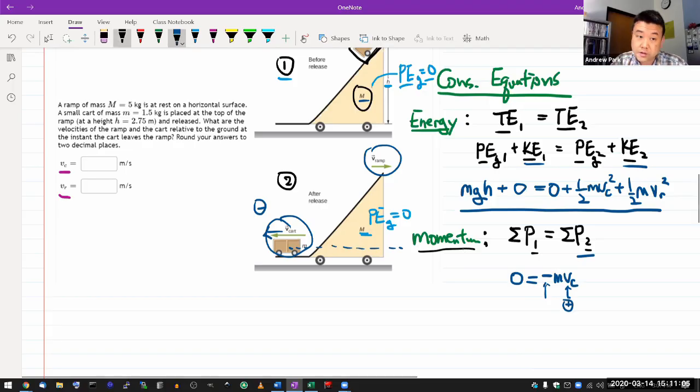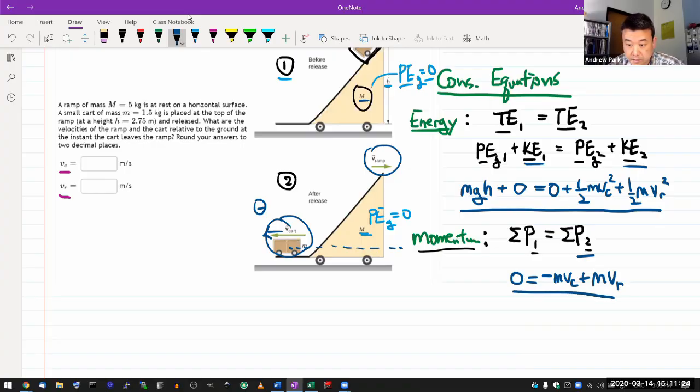You don't have to do it that way, but this is how I like to set up my equations, so that if ever any of my quantities don't have the expected sign, I can spot that quickly. Okay, so the momentum of the ramp, it's moving to the right, so I'm going to write down plus mvr.